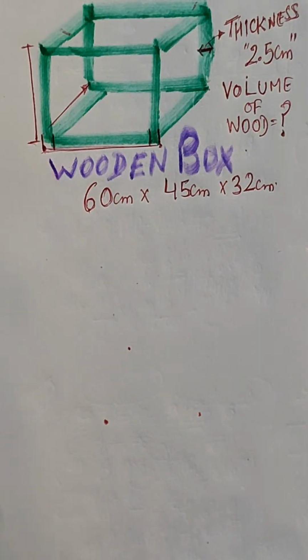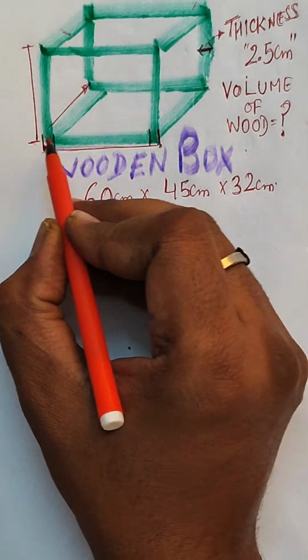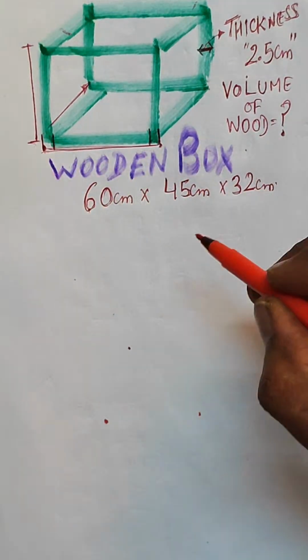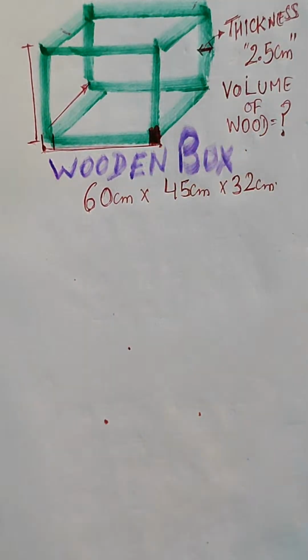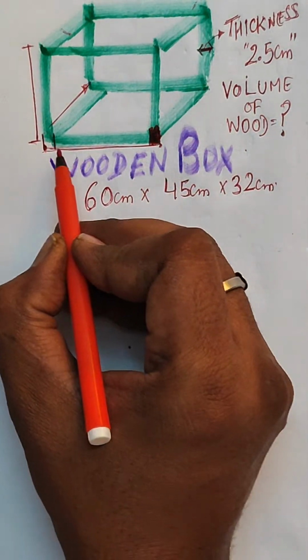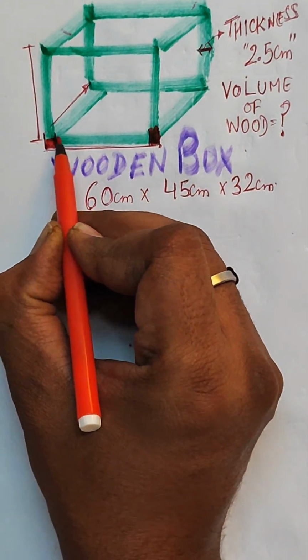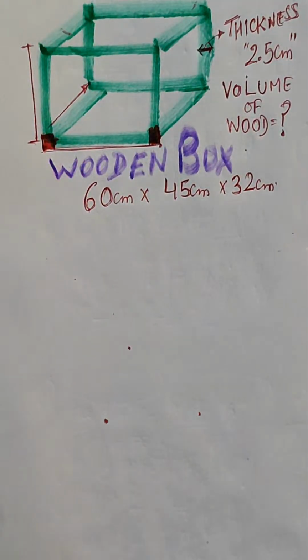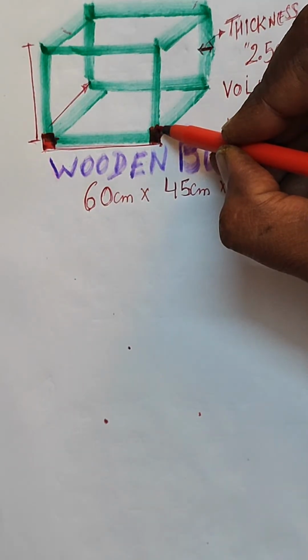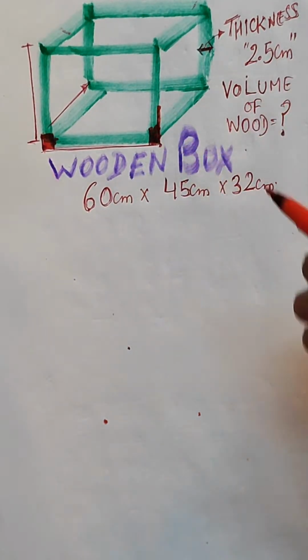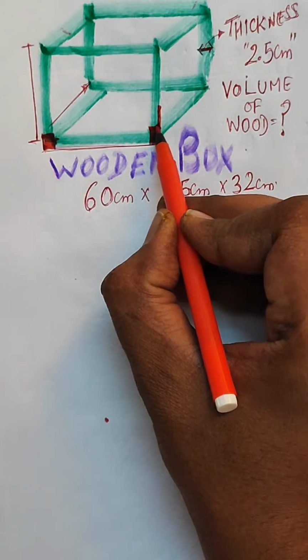So here I am saying that whenever you are making a wooden box, it has a certain thickness, and if you are considering the length, this thickness is here also and here also. So this thickness would be carried across. I'm just considering the length.